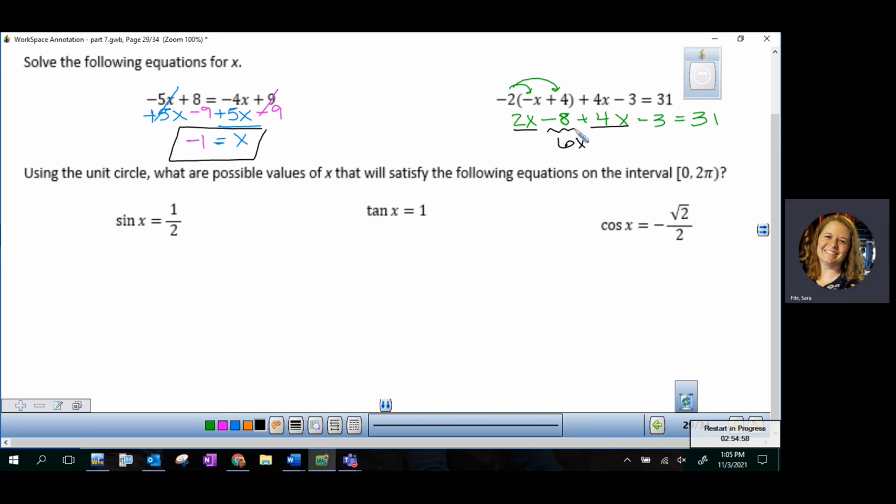And then the -8 and -3, so that's -11. That needs to be moved to the other side. So the opposite of -11 would be +11. Okay, so that's to get rid of it over here. So that comes out to 42. And then you have to divide out the 6. So you should have gotten x is 7.